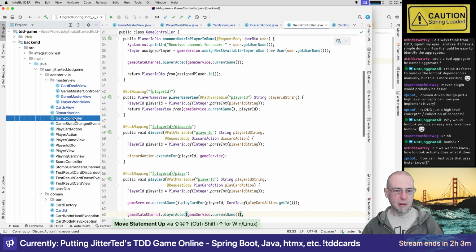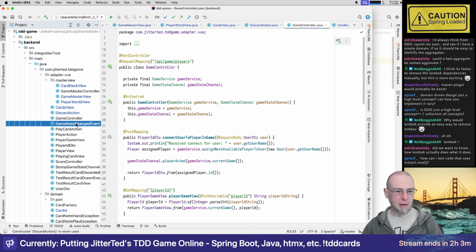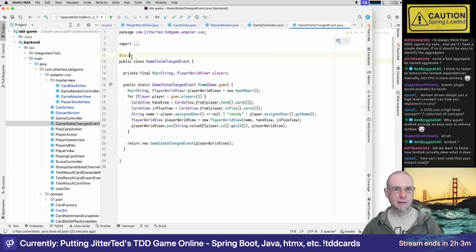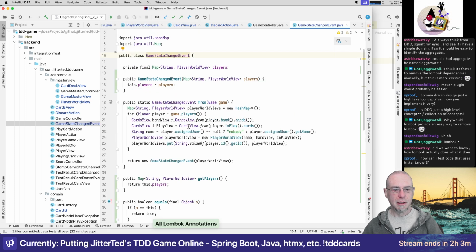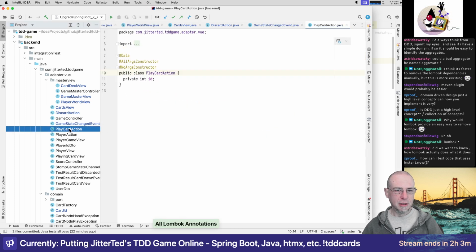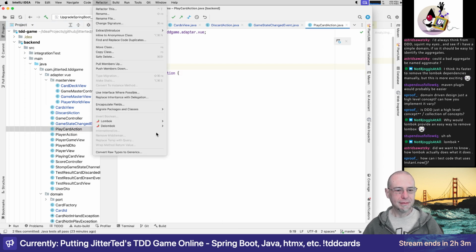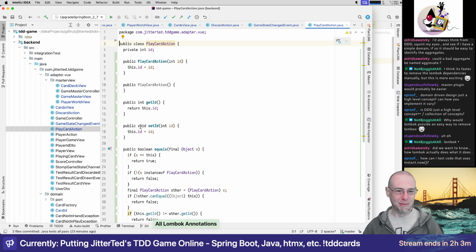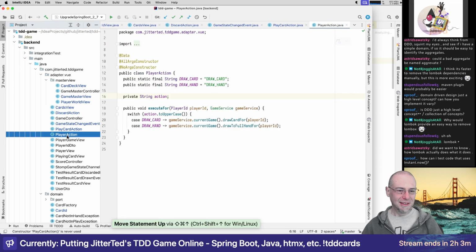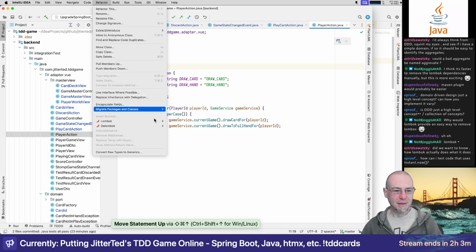And the controller, refactor, that, action. I really feel bad about doing this and then I'm just going to convert all these to records. But one step at a time. That's how you do migrations.